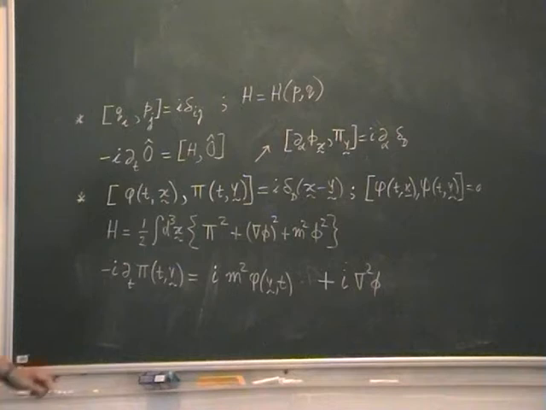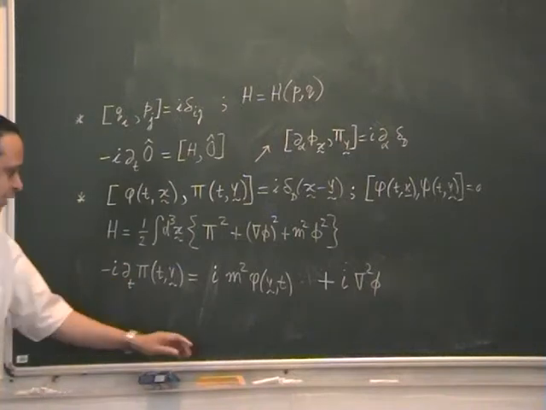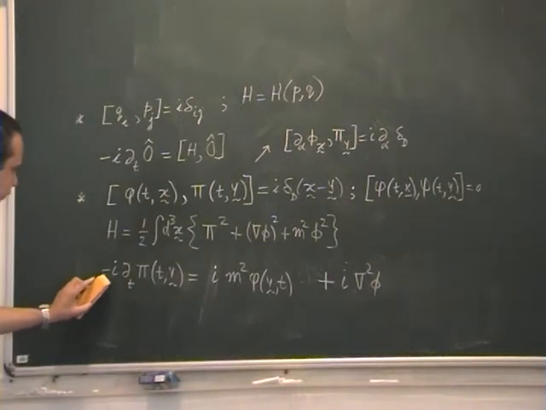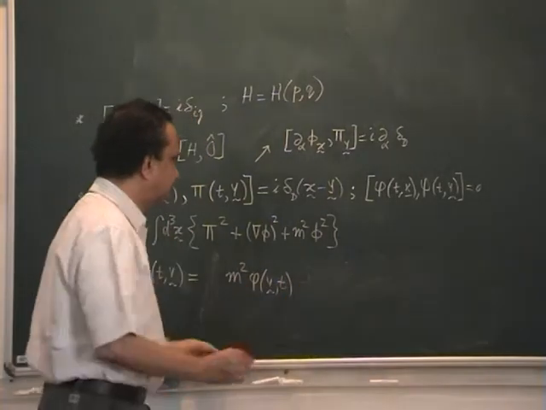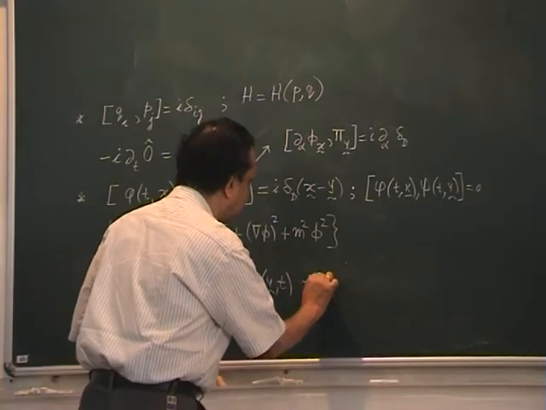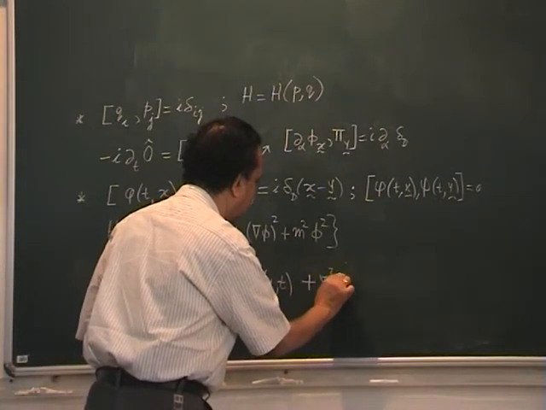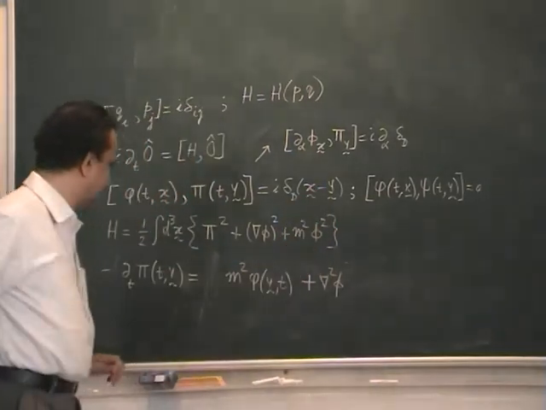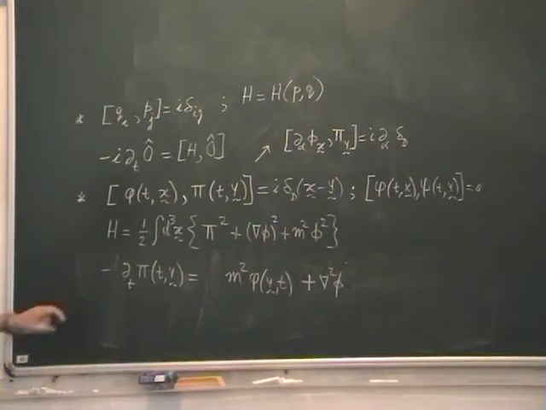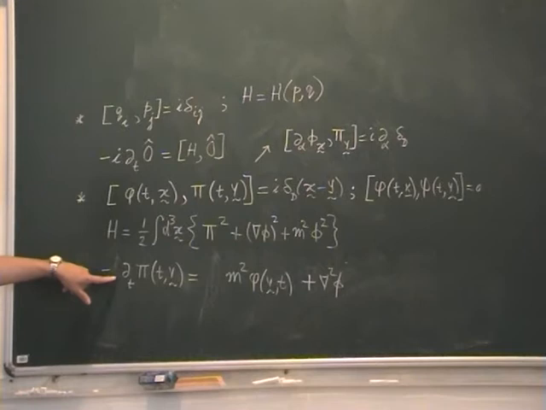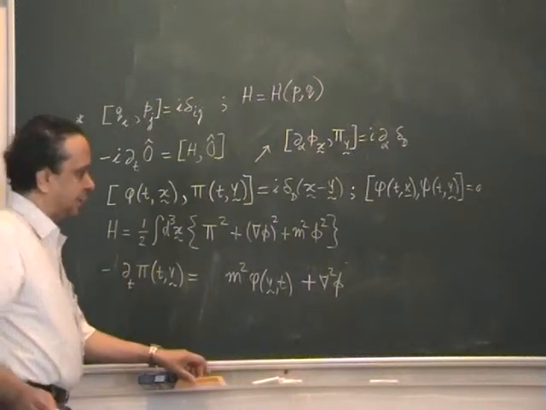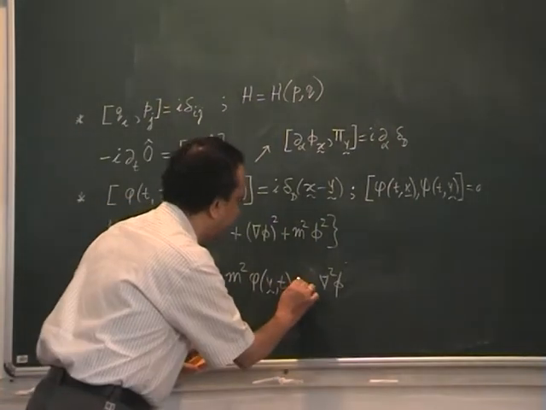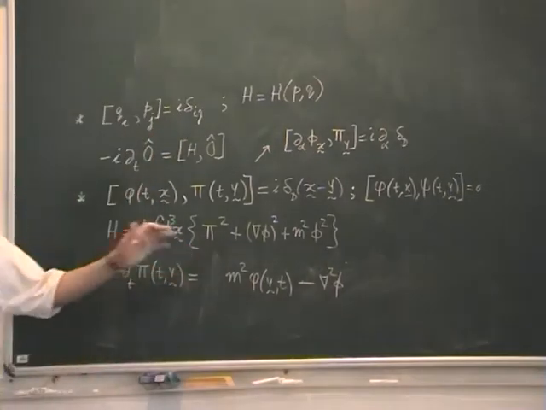In order to do that, first let us clear out the I factors. So one I goes here, I goes here, and I goes here. Seems to have the wrong sign, but let's see. I think I made a mistake in that sign. So this quantity is going to be dt of pi, that will be minus d square by dt square. Yeah, this should be minus. I think I flipped the sign twice. Okay. So you can check that out.